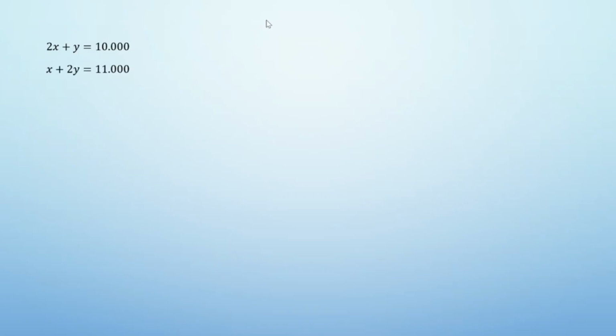The first equation has 2x, and the second equation has 1x. So, we multiply the first equation by 1 and we multiply the second equation by 2.